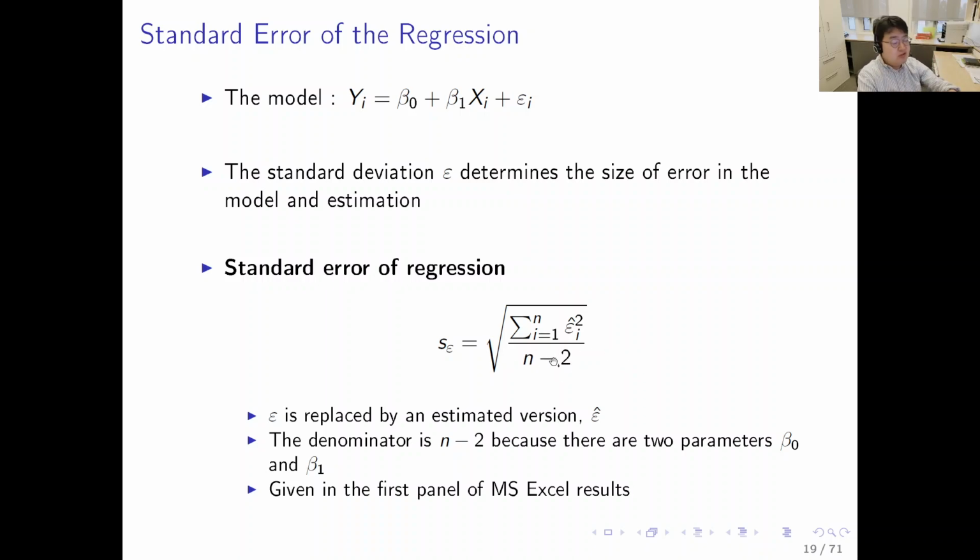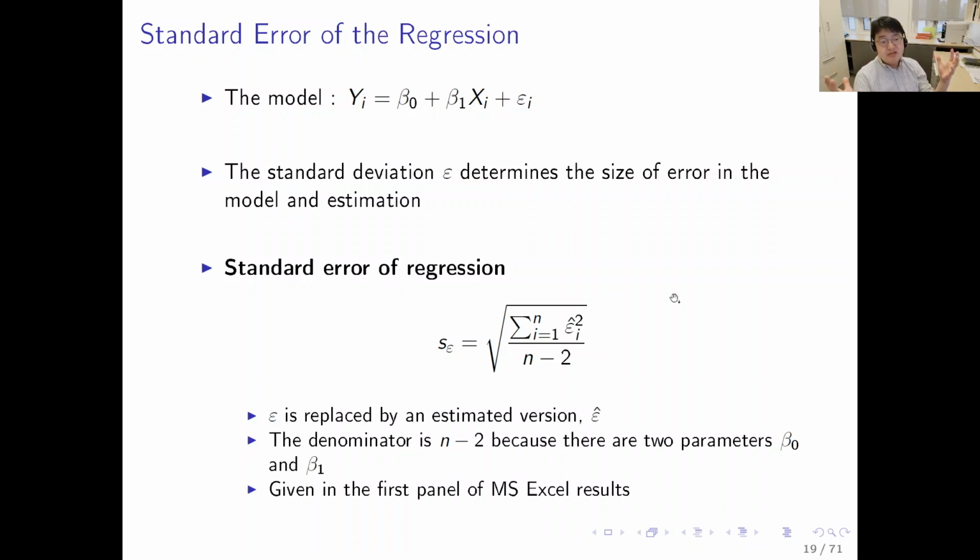Here, the only things you need to worry about are, first, why we square epsilon without subtracting its mean. Second, why the denominator is n minus 2, not n or n minus 1. So first, the answer to the first question: why is epsilon not subtracted by its mean?